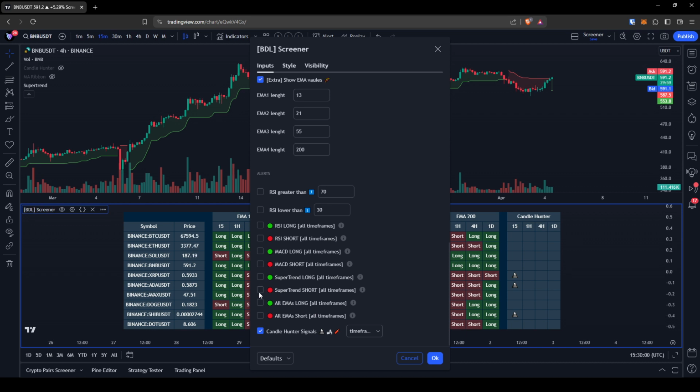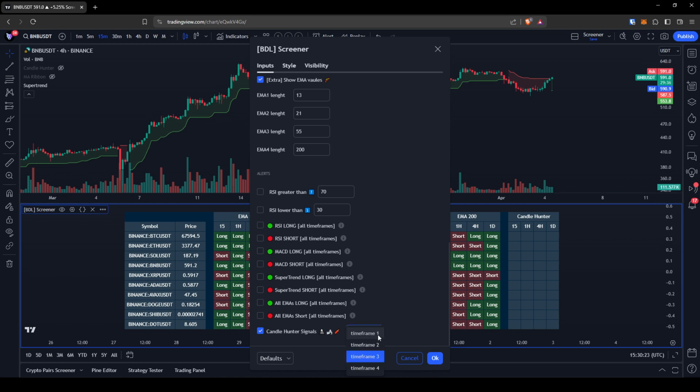One idea was to trigger alerts when, for example, RSI on all time frames is long or short, and the same with MACD and Supertrend, and also the EMAs. When all EMAs are long or short, then you get an alert in TradingView. This is very helpful.